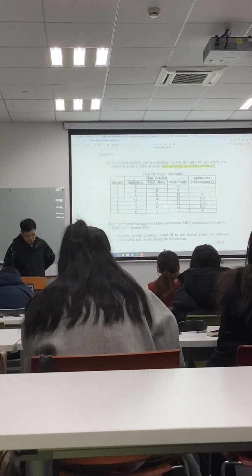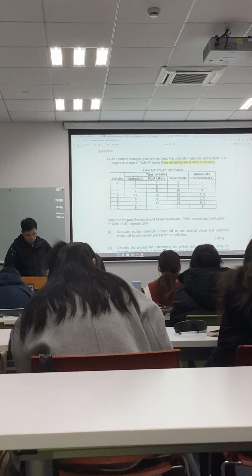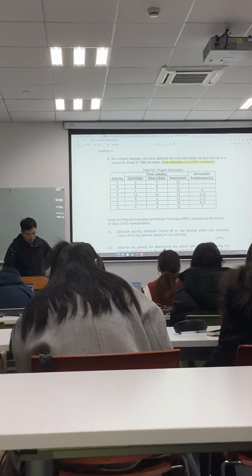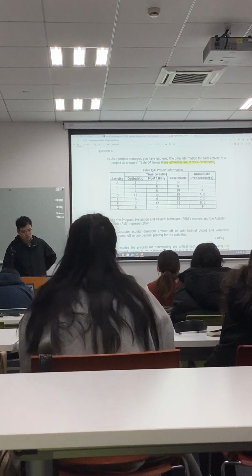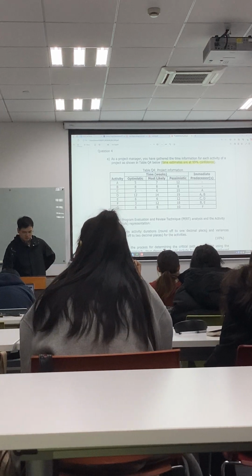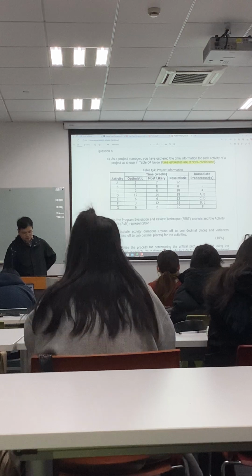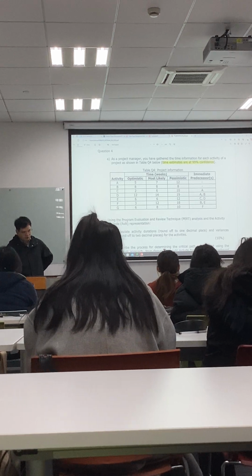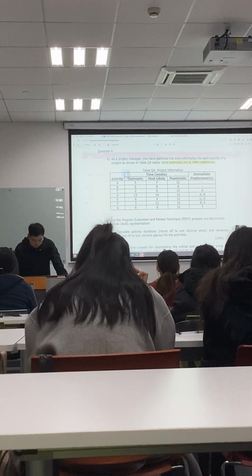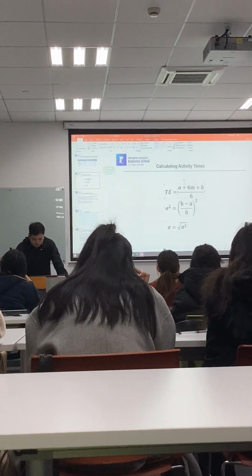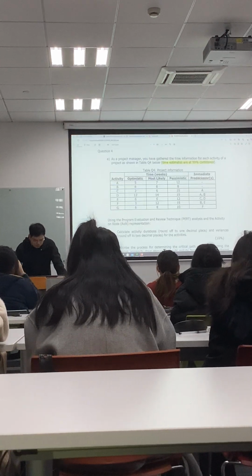So the first question is, calculate activity durations, rounding off to 1 decimal place, and the variance rounded to 2 decimal places for the activities. It's quite easy. Just follow these two equations and substitute.